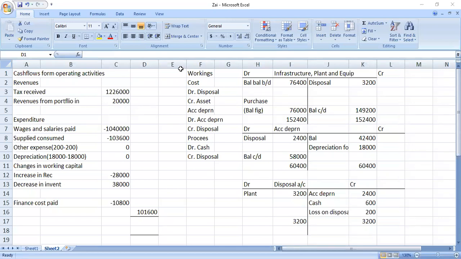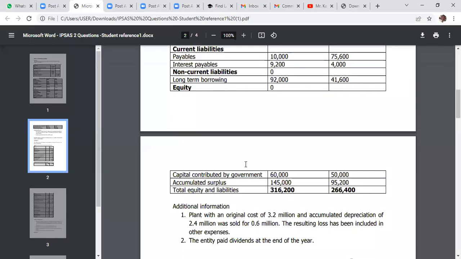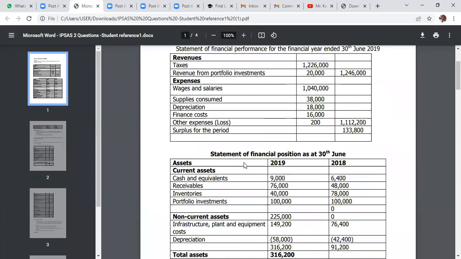Sorry, what? Pardon, on revenues from portfolio. We're saying they're 20,000. Okay, why? Here, revenues from portfolio is not the same as portfolio investment.